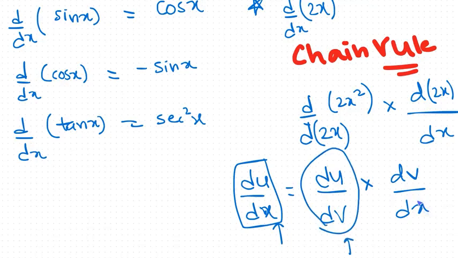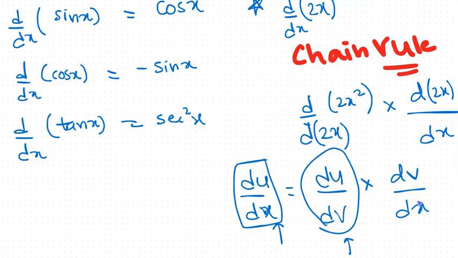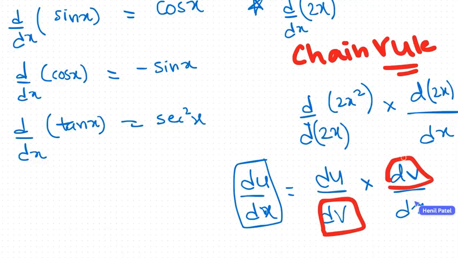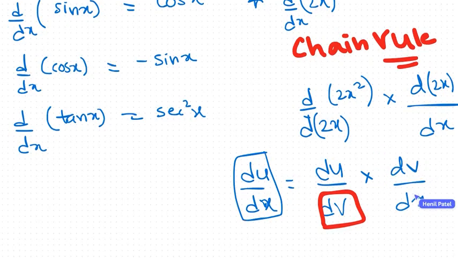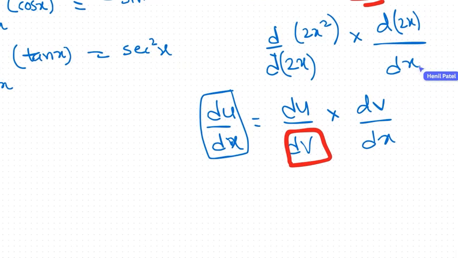If you look carefully, it's the same thing, du by dx only. It's just a smart trick to introduce this v and then pair up with another one. The answer will be like this.